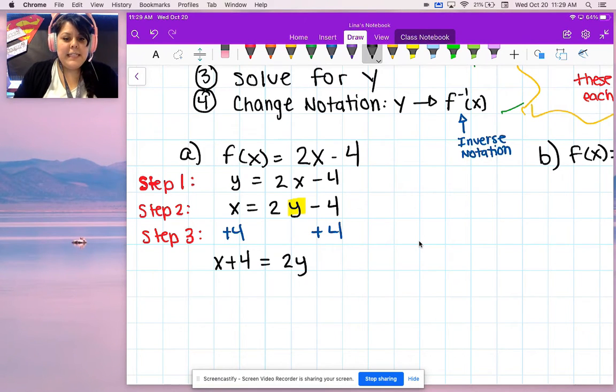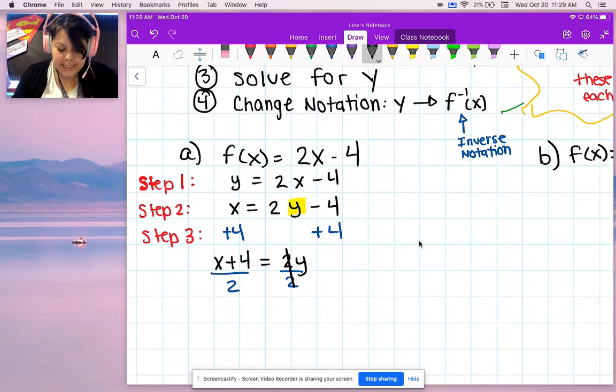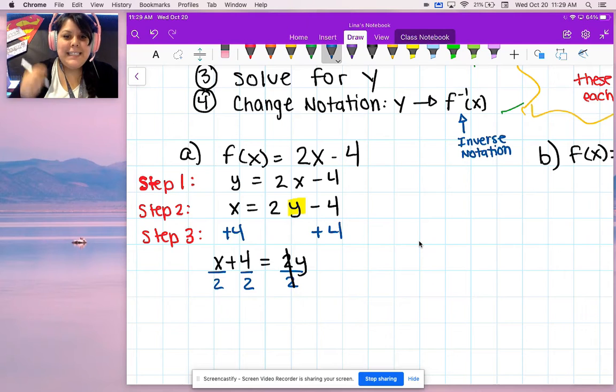So I'm left with x plus 4 equals 2y. The last thing I'm going to do is divide by 2 because I want to get y by itself. At this point, I know when you divide by 2, you're going to be tempted to do this. Watch. Let me show you what you're going to want to do. You're going to want to divide this by 2 and this by 2 and simplify that 4 over 2.